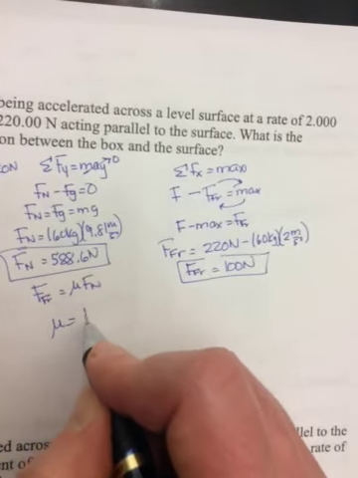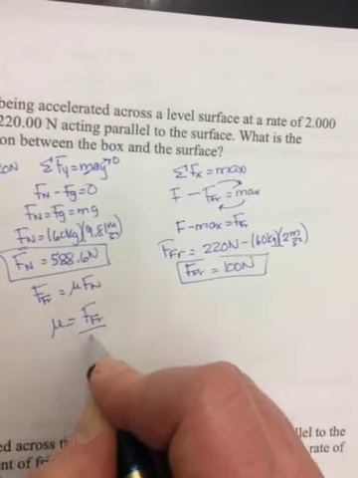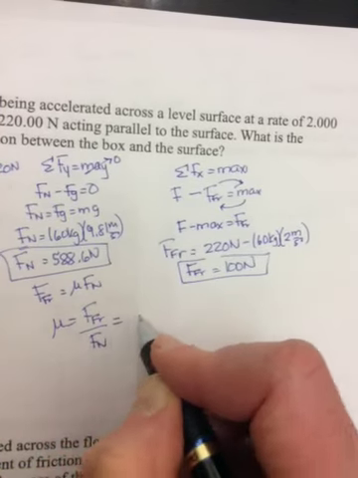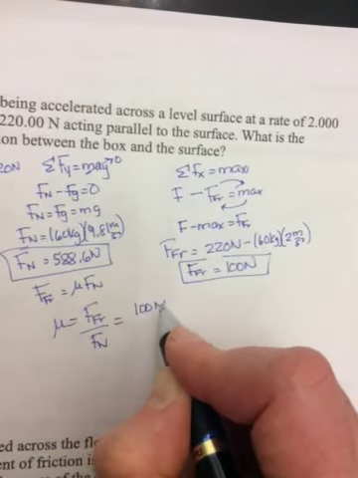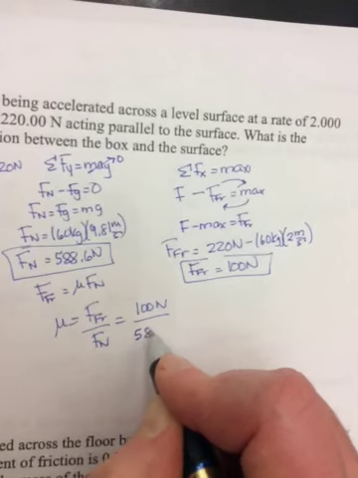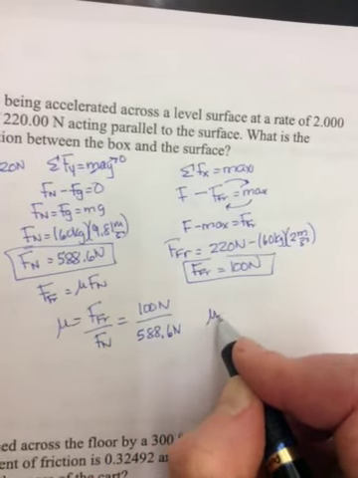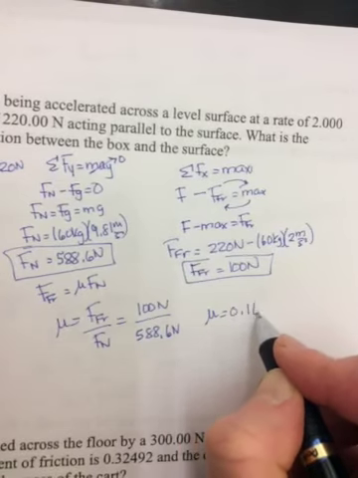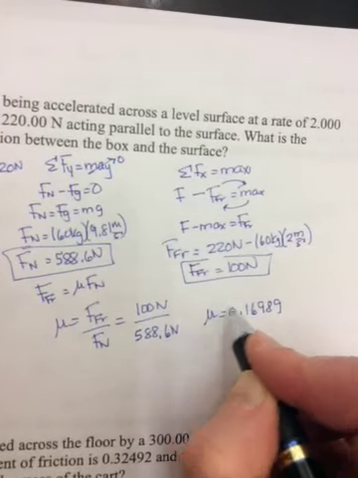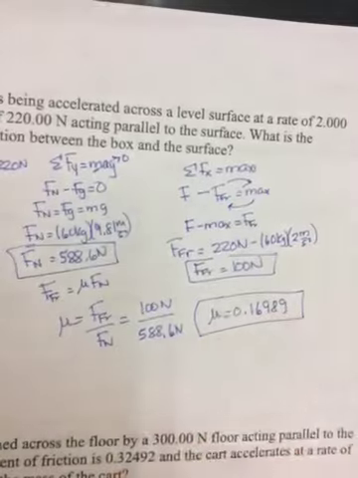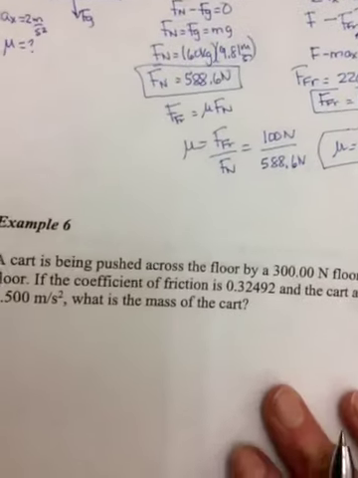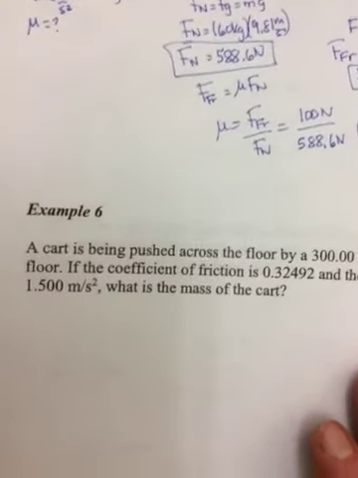Because rearranging this, mu is simply friction divided by the normal force. So it's equal to 100 newtons divided by 588.6 newtons. And so you should get a mu of 0.16989, I believe it is. Okay? All right.